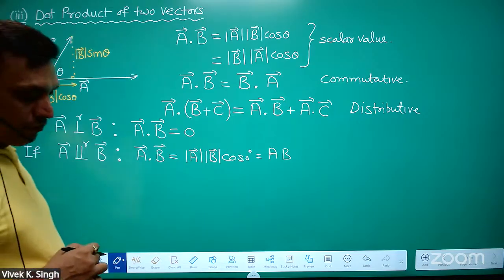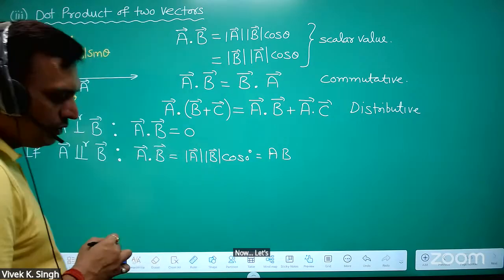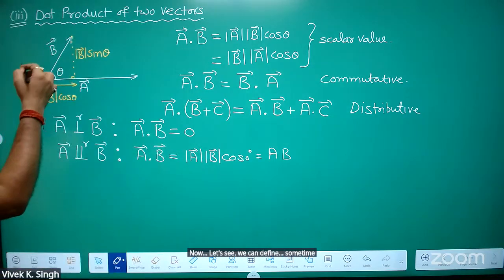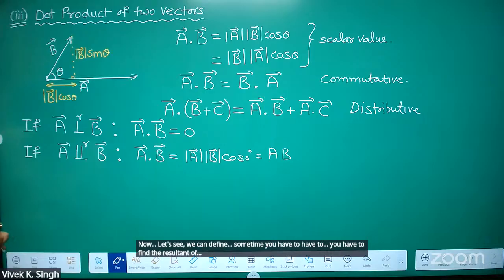Now, sometimes you have to find the resultant, so what will be the law of cosine here? Law of cosine.